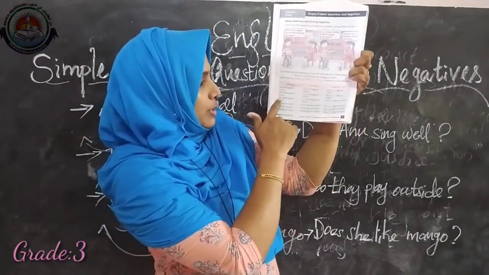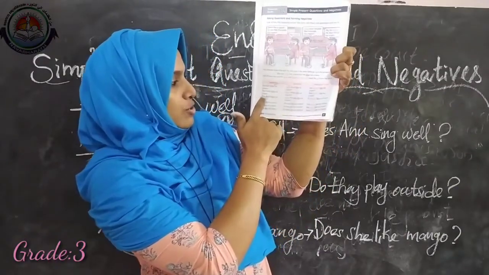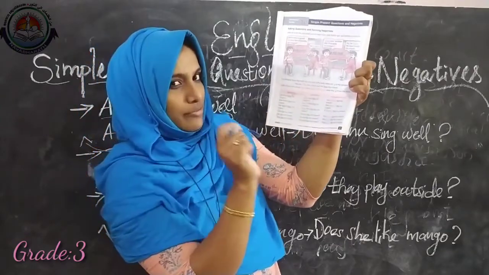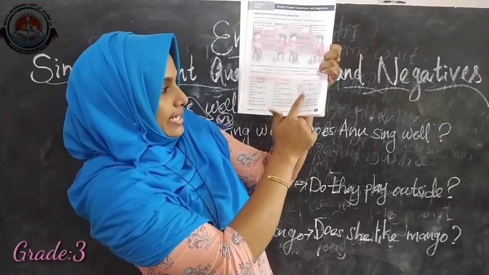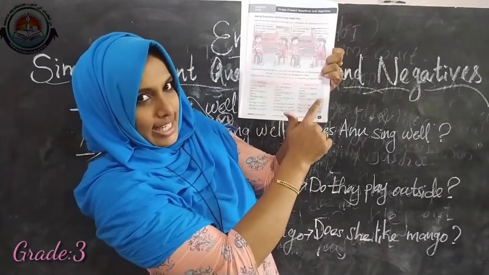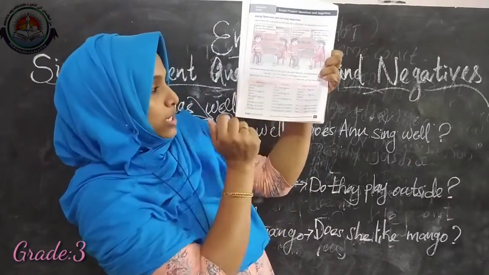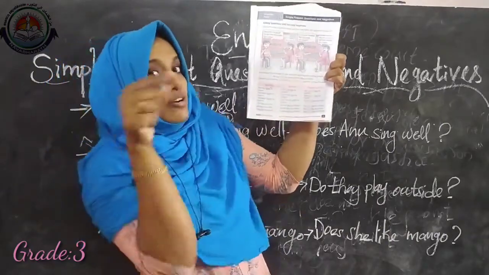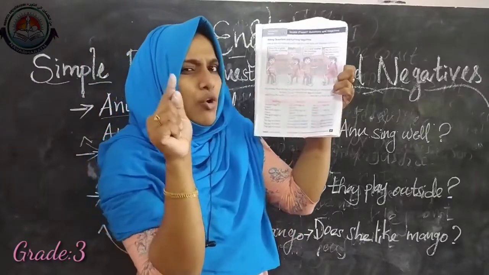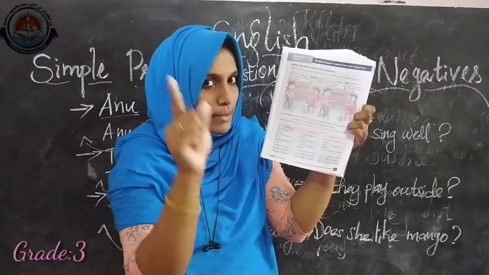Likewise, the dog, it likes ice cream. The dog is singular, so for singular we use does not. We can see this in the third column: It does not like ice cream. Here also one change happened. What change? It is this likes. Likes will change into like. For making the negative form, we will always take V1, root form, base form.